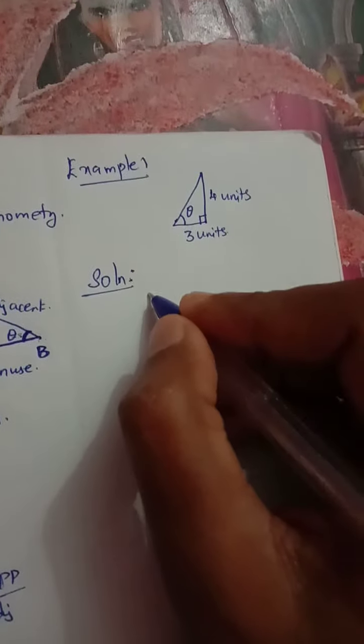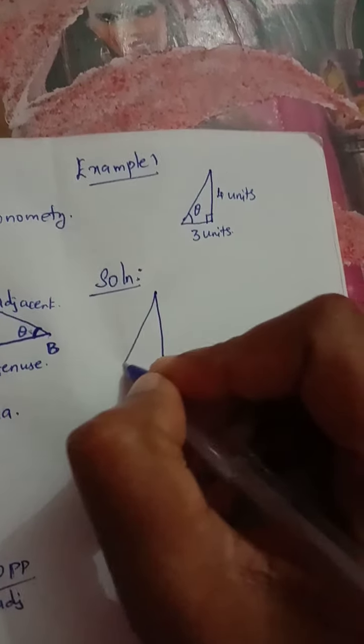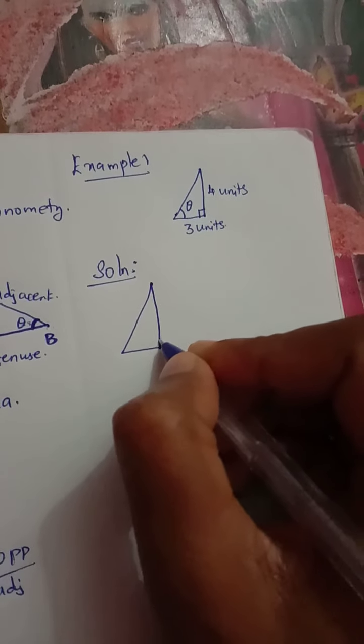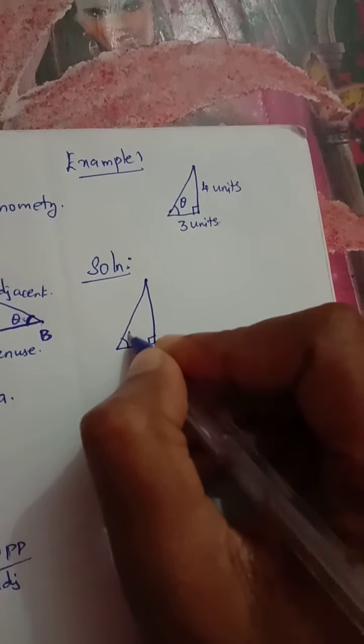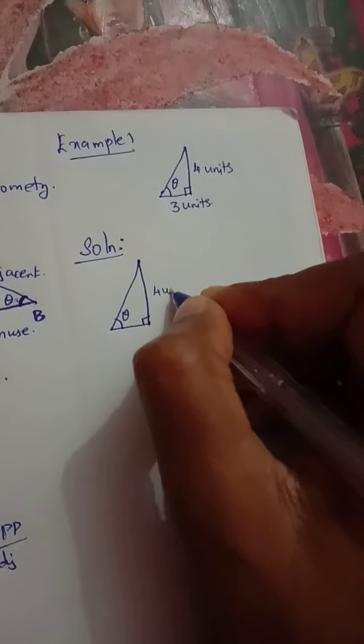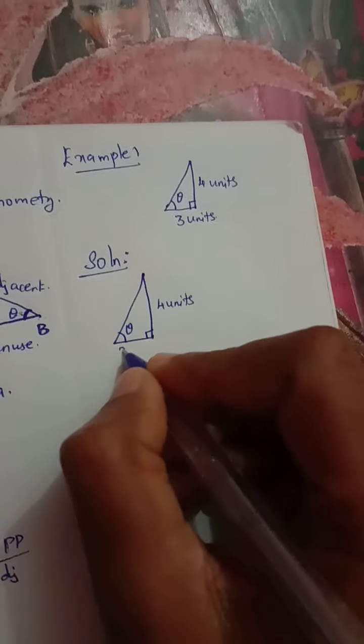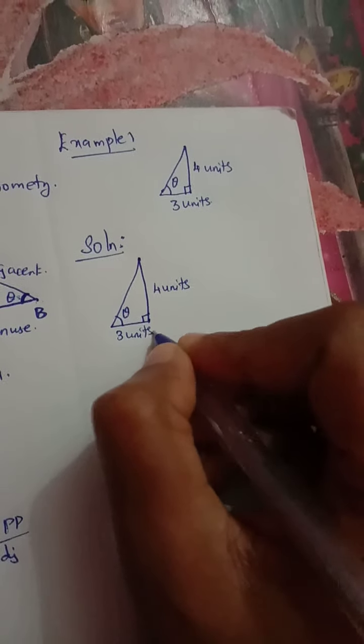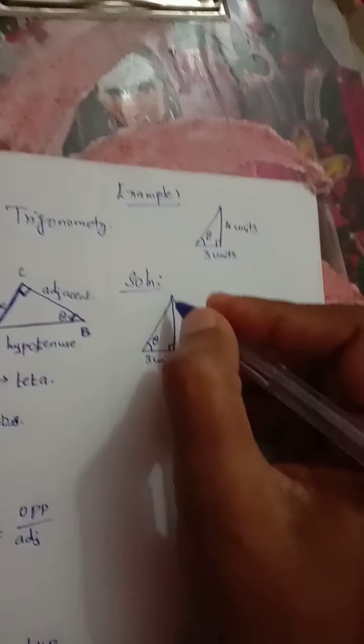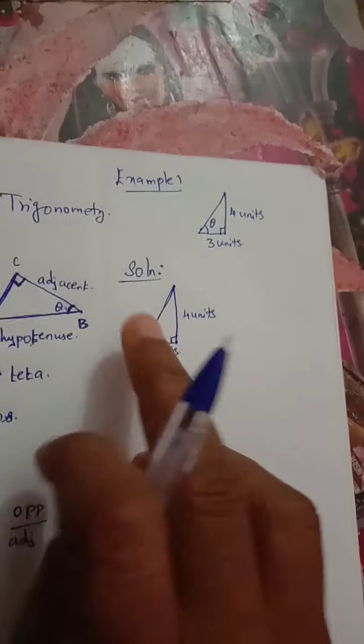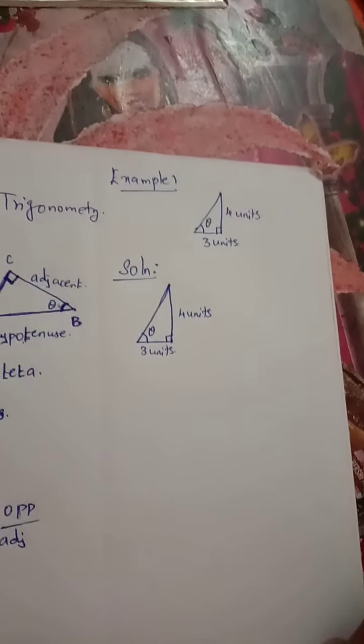So draw the diagram. Here the right angle is given, here theta is given, here it is given as 4 units and here 3 units. We want to find the third side first. How to find this third side?